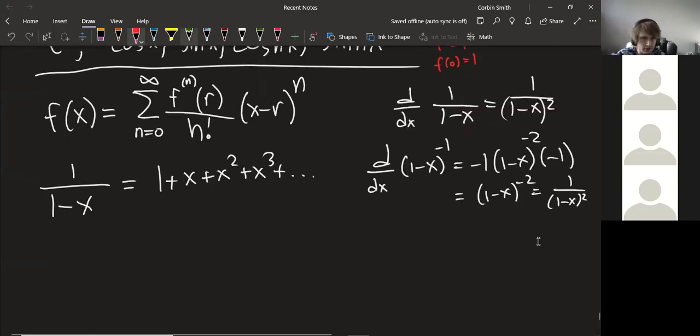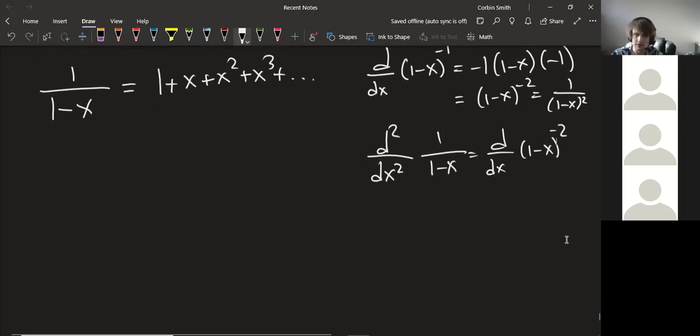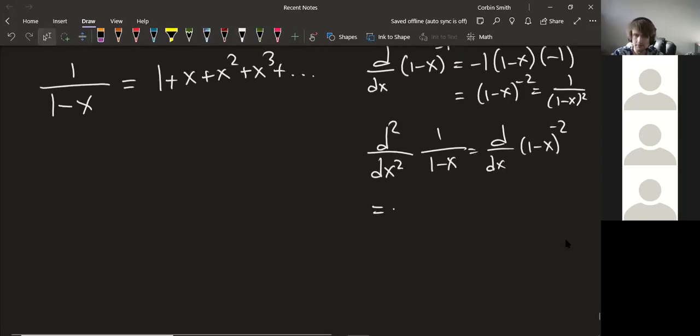So what's the double derivative of 1 over 1 minus x? Well, it's the derivative of this thing. So I'm going to rewrite it like this. So 2 times 1 minus x to the negative 3.